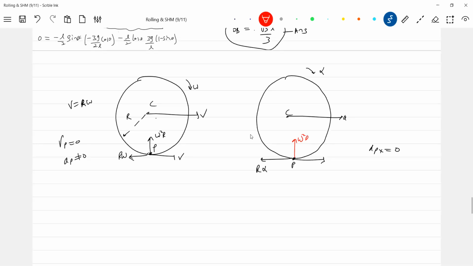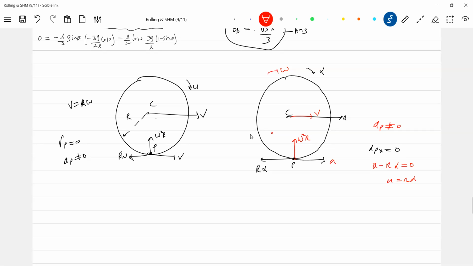Let's search for it. Omega square R will also be there. So what is the acceleration of point P? In fact, non-zero. But the acceleration of point P along the x-axis is zero, because of that we are able to write this.